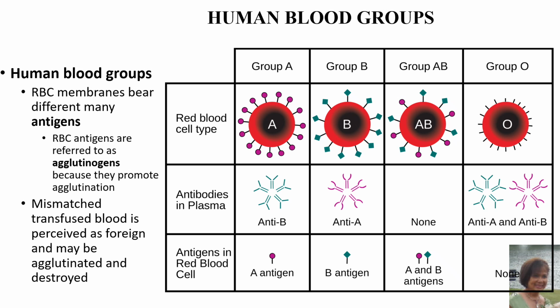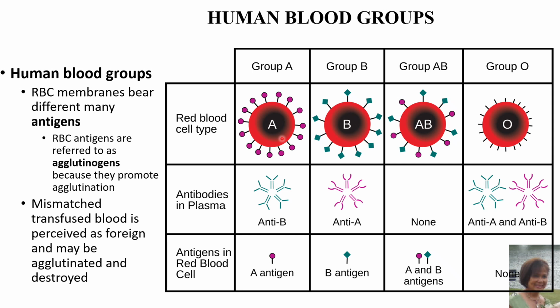We have the red blood cells, human red blood cells. The plasma membrane of the human red blood cells bears specific antigenic markers. Red blood cell antigens are referred to as agglutinogens because they promote a reaction which you call agglutination.